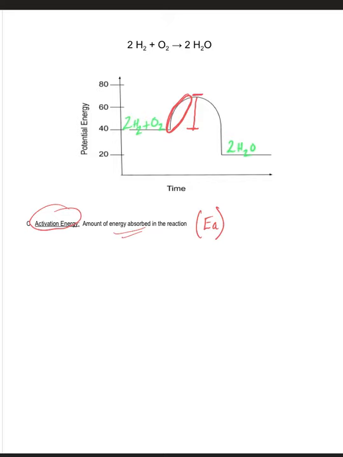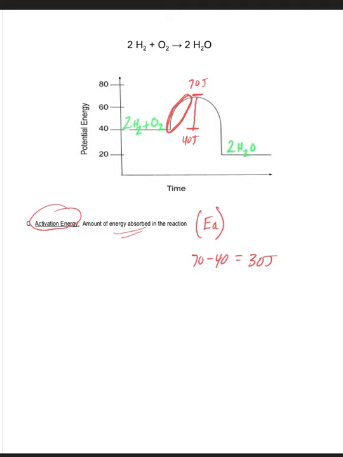If we look at that distance there, the peak of that graph is about 70 joules, and the potential energy of the reactants is 40 joules. So 70 minus 40 is 30 joules, and that would be the activation energy of this particular reaction.